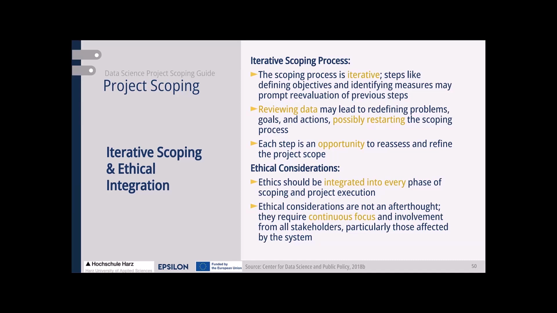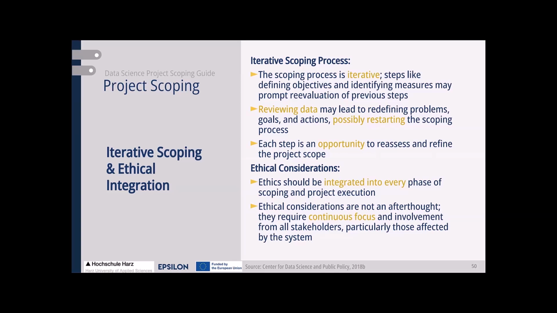So at each stage of the project, you should be able to reassess your scoping or to redefine it. Especially when you work with data, this means that you get more information during the whole process of the project, and therefore you should always challenge your scope at every stage of the project.